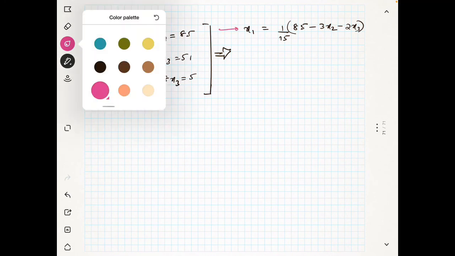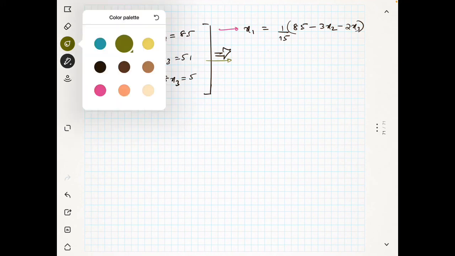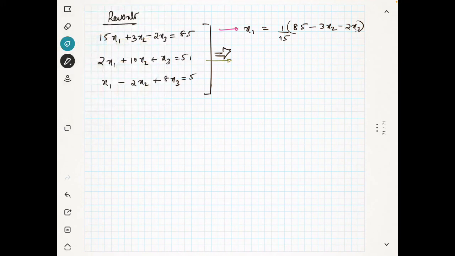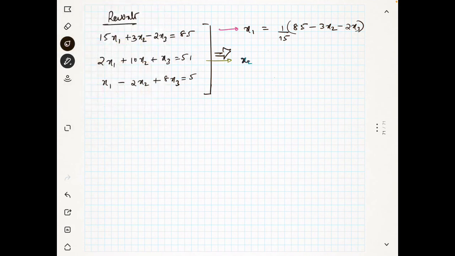Next you will find your x2 from this. x2 is equal to 51 on the right side minus 2x1 minus x3, then you divide it by 10, that means multiply with 1 by 10.